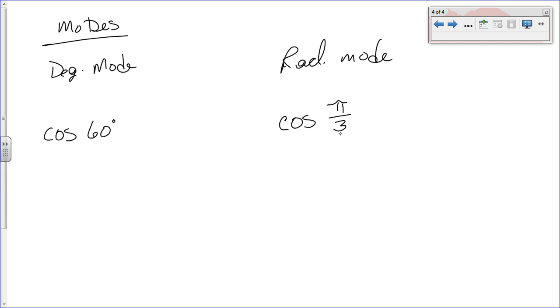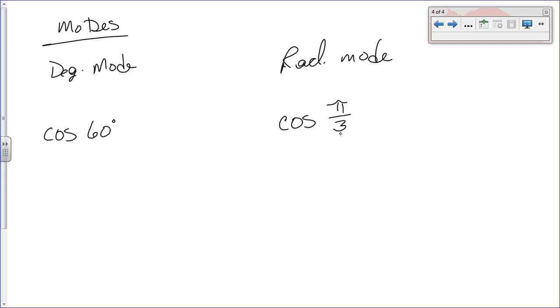Make sure you are in degree mode or the answers you get will not make sense and will not be correct. Again, like I said, show me your calculator tomorrow and I'll show you how to convert between the modes and how to check what mode you're in, so that you can be getting the right answers for the problems that you're doing.